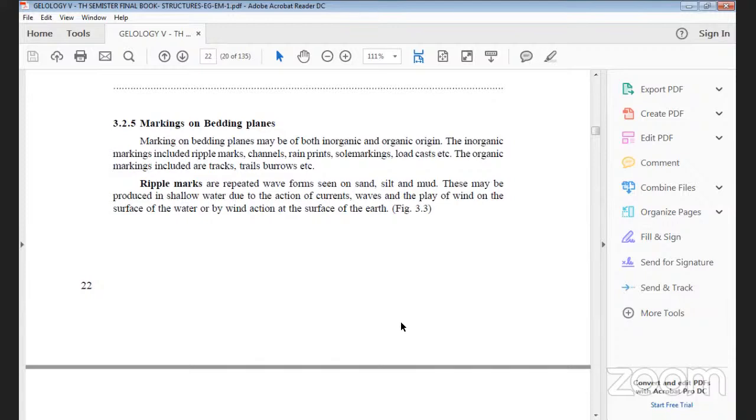These may be produced in shallow water due to the action of currents, waves, and other play. Wind plays a very important role when it is blowing on the surface of the water.